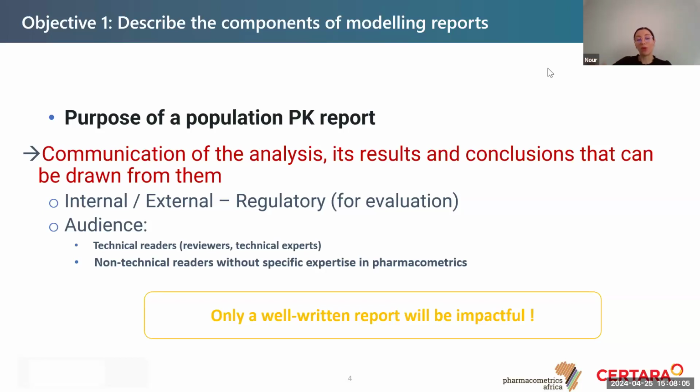You can have technical readers, who are expert people. They can be reviewers or technical experts with a pharmacometrician background. However, it can also be non-technical readers without specific expertise in pharmacometrics. The most important thing is that you have to write a well-written report to be impactful, certainly.